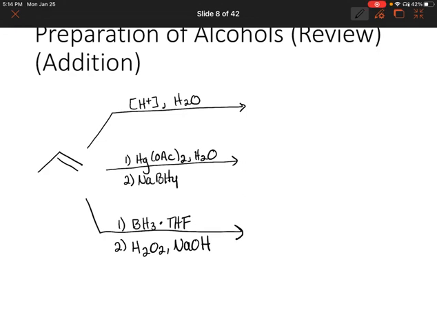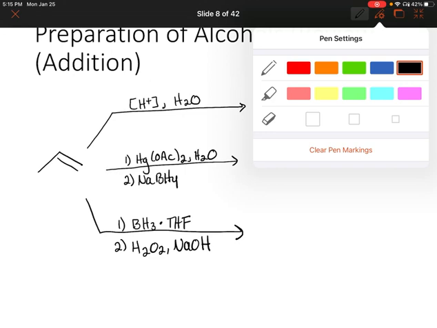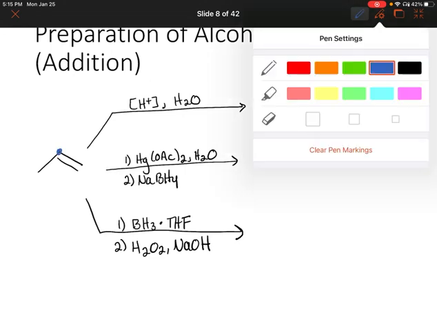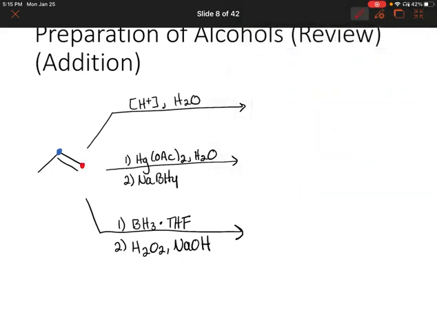All right, so let's take a minute and try to figure out what our products would look like for each of these reactions. So you can pause the video, and when you restart, we'll go over them together. All right, so remember when we're adding something across a double bond, we have the more substituted carbon, and then we also have the less substituted carbon.